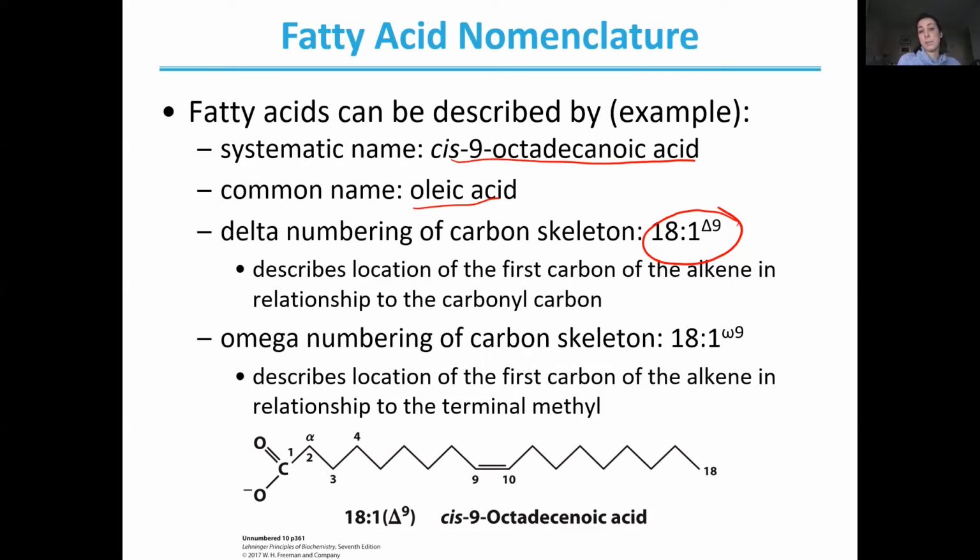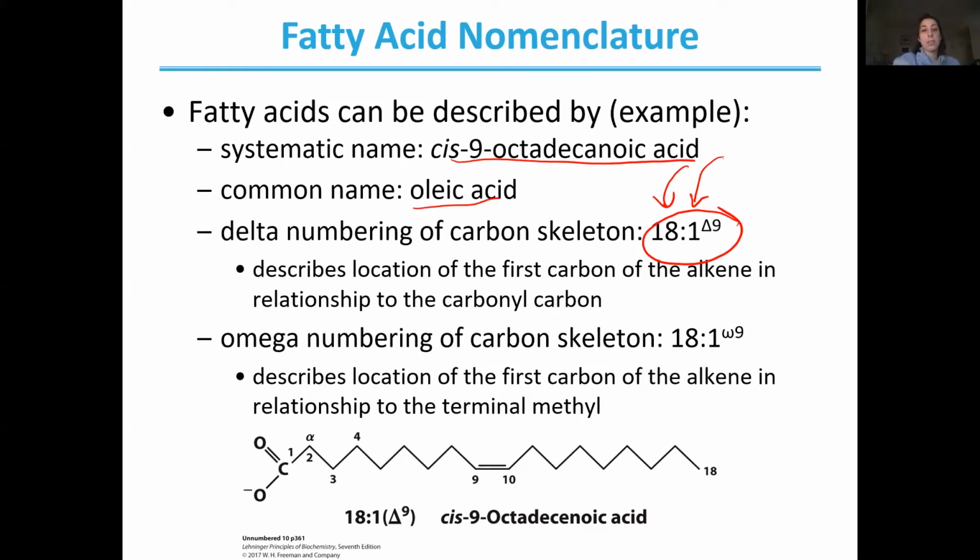This numbering system tells you that this is a fatty acid that is 18 carbons long and that it has one double bond. So the first number, again, just tells you how long the chain is. The second number tells you how many double bonds are in the chain.